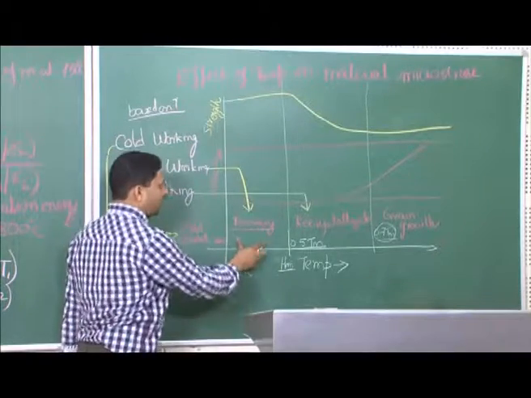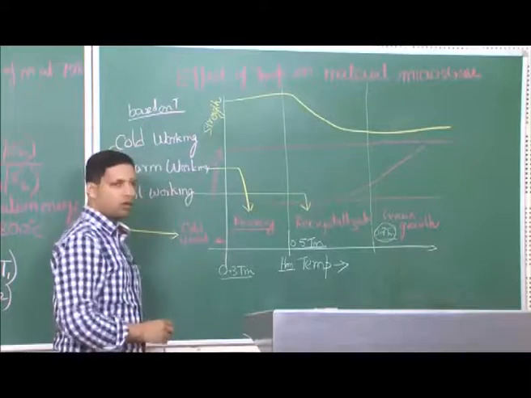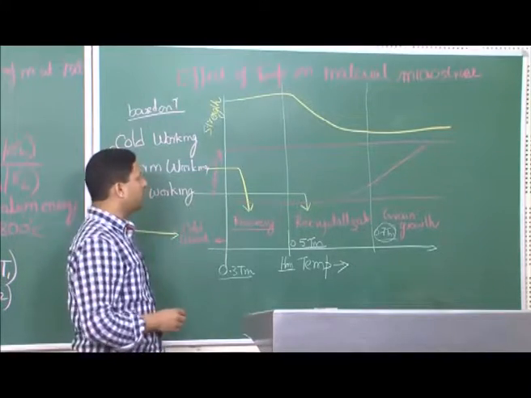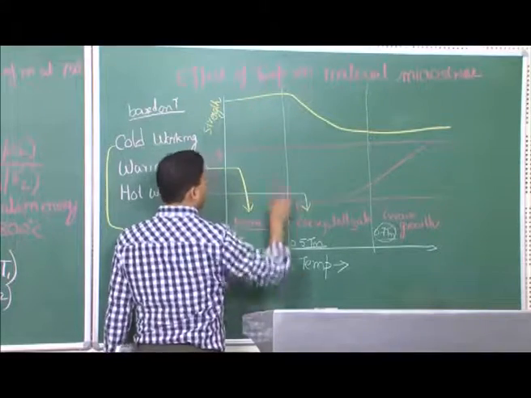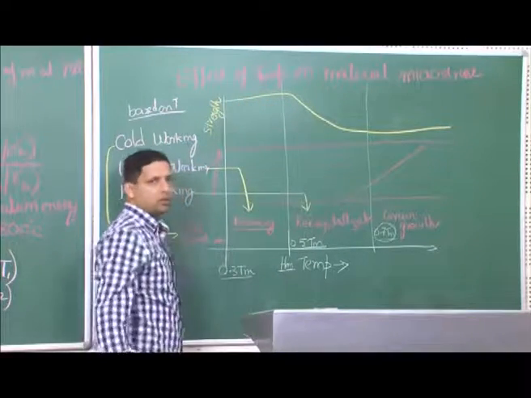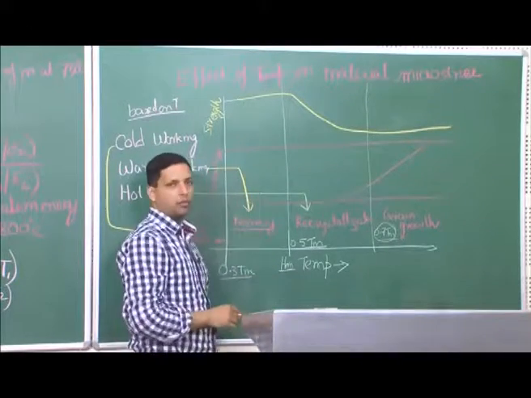If you are in the recovery zone or less than the recovery zone, which is the cold work zone, then in those zones the change in temperature will not influence the strength at all, and that is because the grain size remains constant until this point.